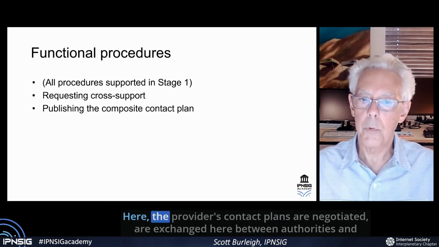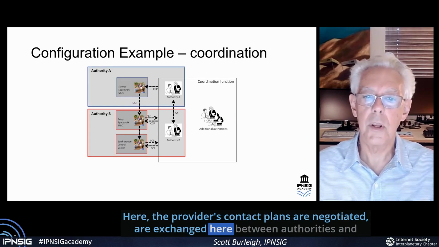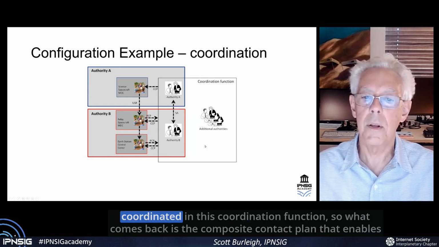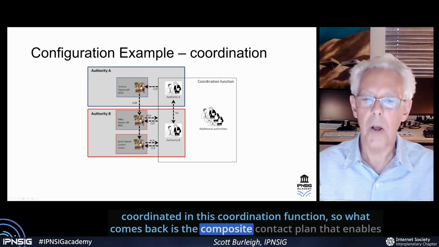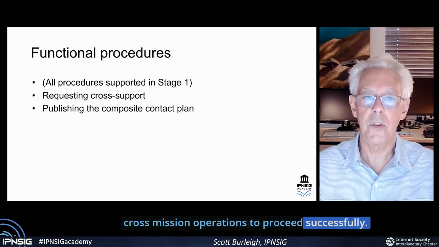Here, the providers' contact plans are negotiated or exchanged between authorities and coordinated in this coordination function. So what comes back is the composite contact plan that enables cross-mission operations to proceed successfully.